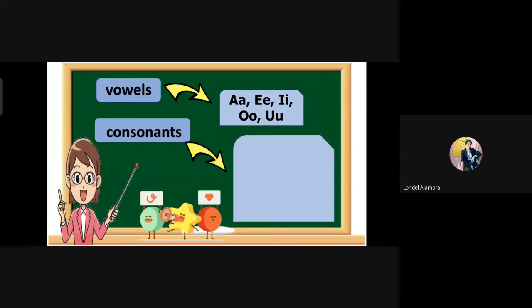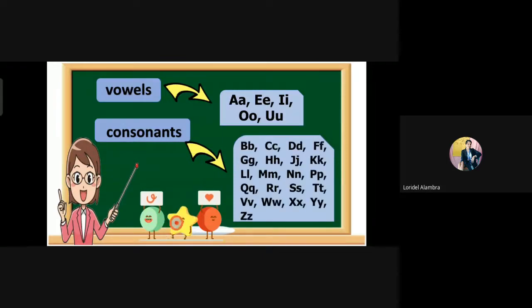Very good. We have 21 consonants. And that's our letters B, C, D, F, G, H, J, K, L, M, N, P, Q, R, S, T, V, W, X, Y, and Z. So excellent.